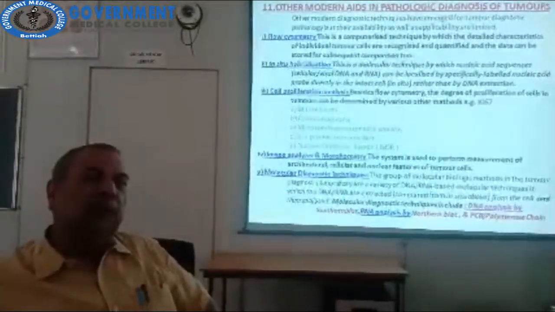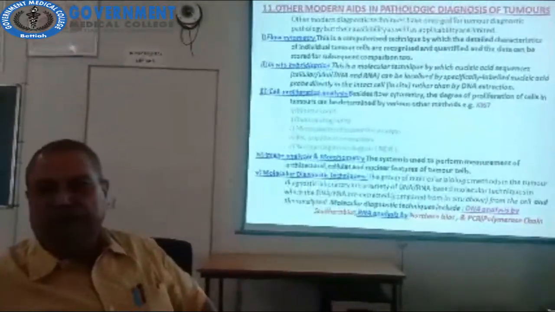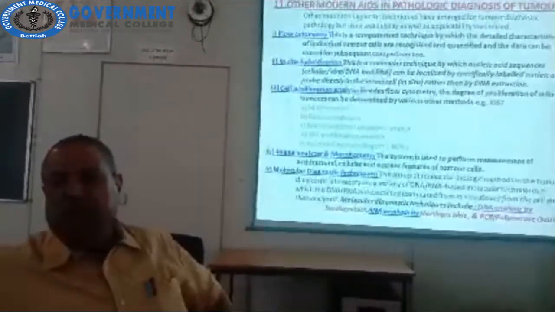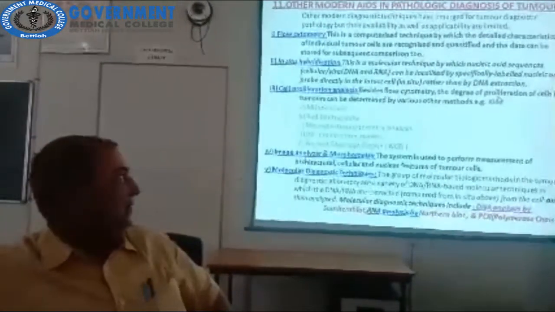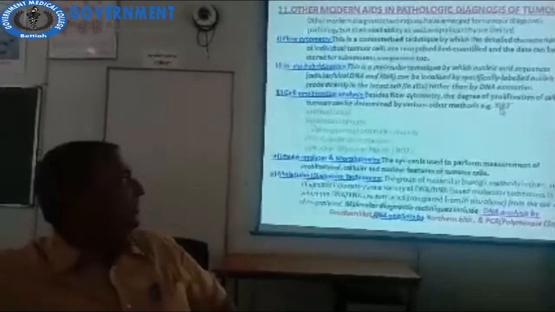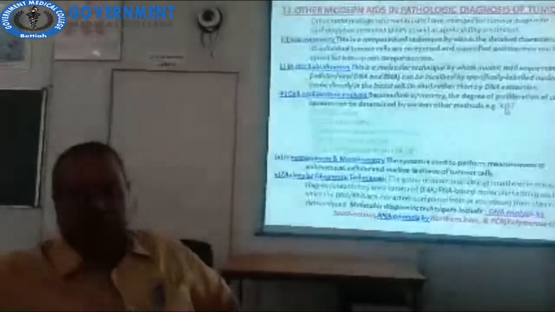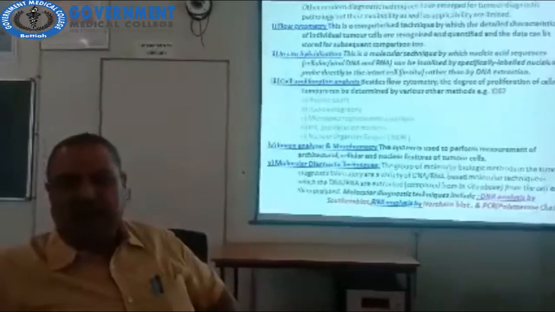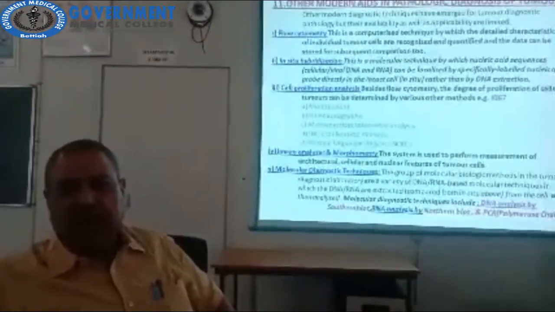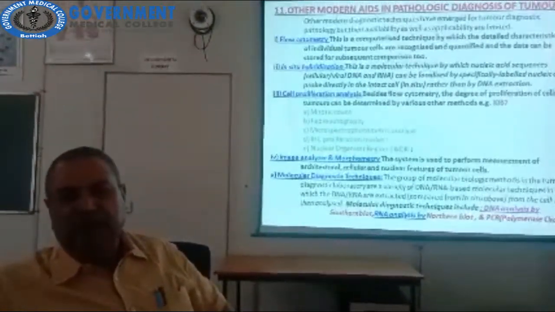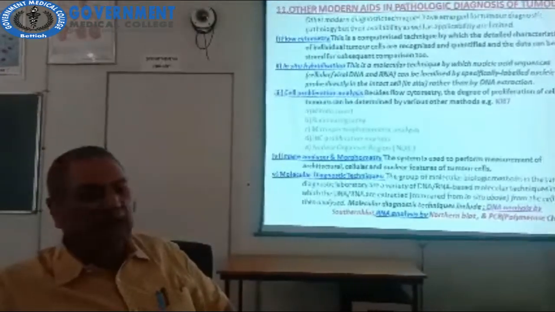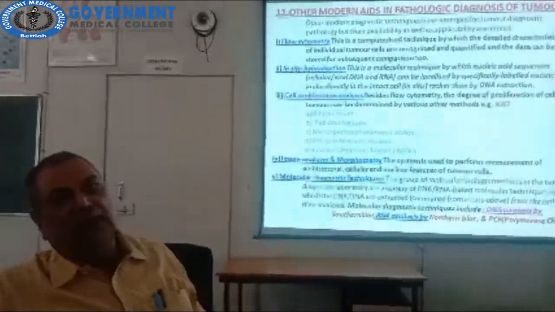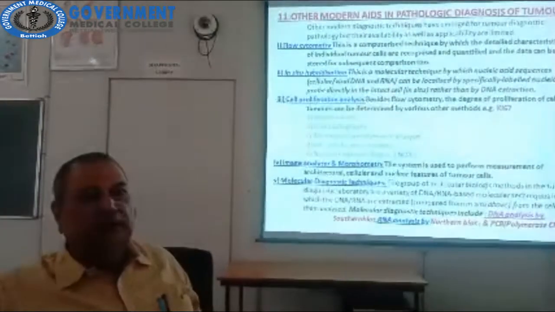Proliferation marker is Ki67. Ki67 is a proliferation marker. Then nucleolar organizer region, silver colloidal stains. Then image analyzer and morphometry, molecular diagnostics, DNA analysis by Southern blot, RNA analysis by Northern blot, and polymerase chain reaction.